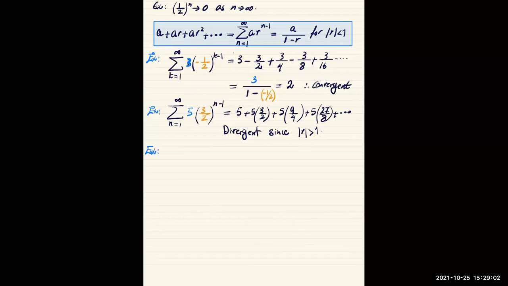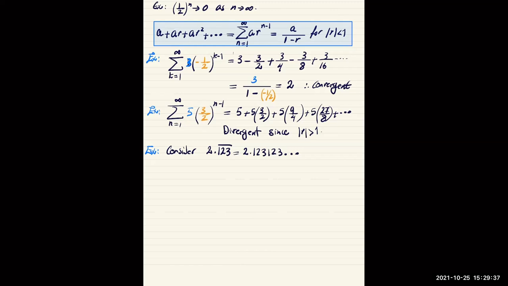So let's say we have a number, 2.123 bar. So 2.123 bar is really 2.123123, and so on. 123 just keeps going forever. This number is a rational number.